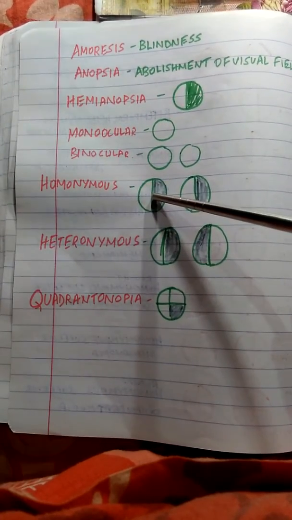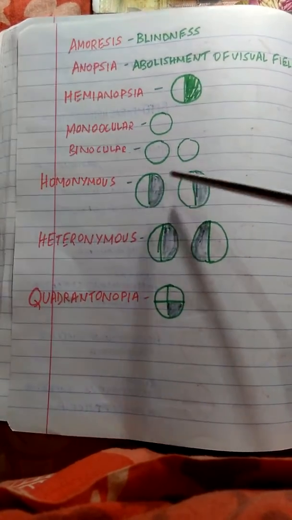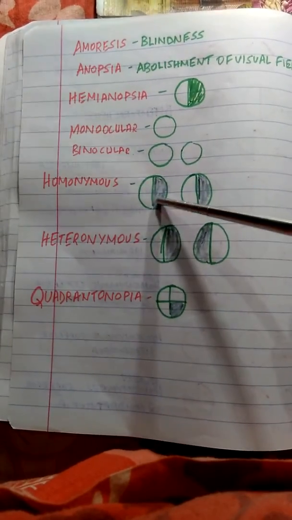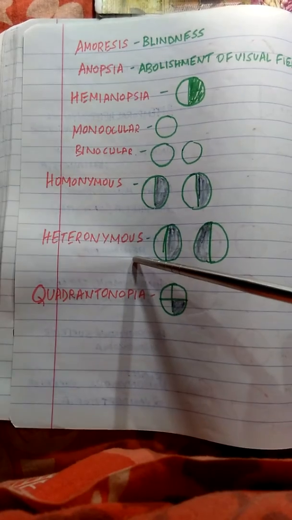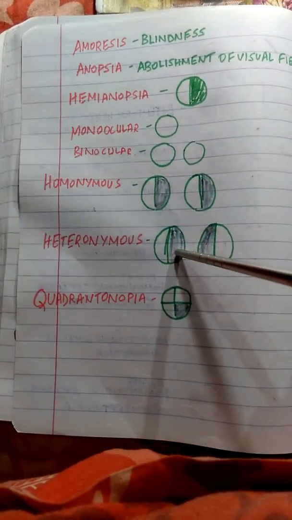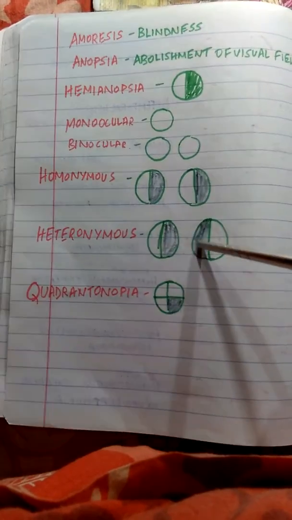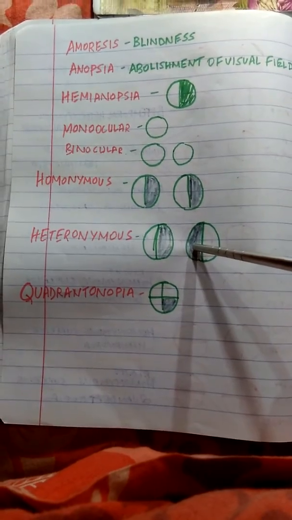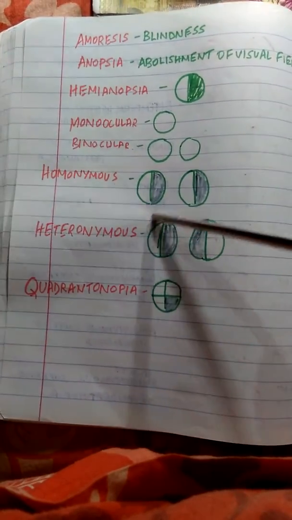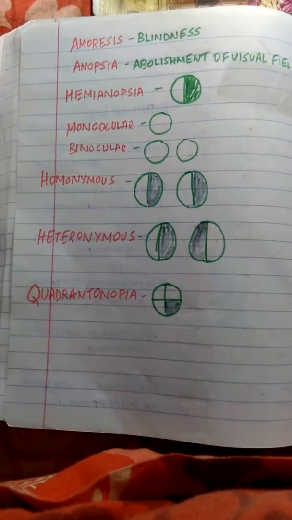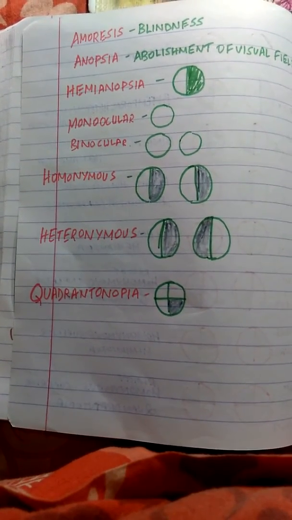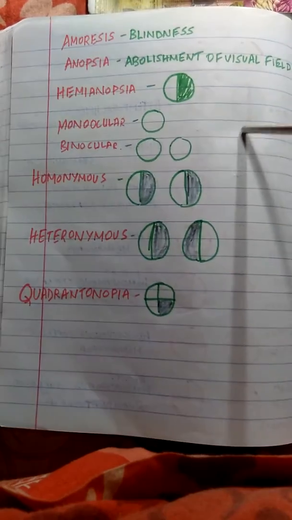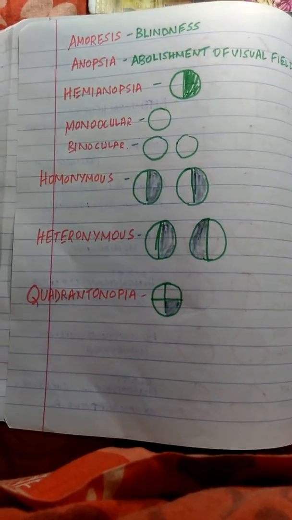If in both eyes the right side is damaged, it is homonymous. In heteronymous, the right side is damaged in one eye and the left side in the other eye. Heteronymous means different, and homonymous means the same.